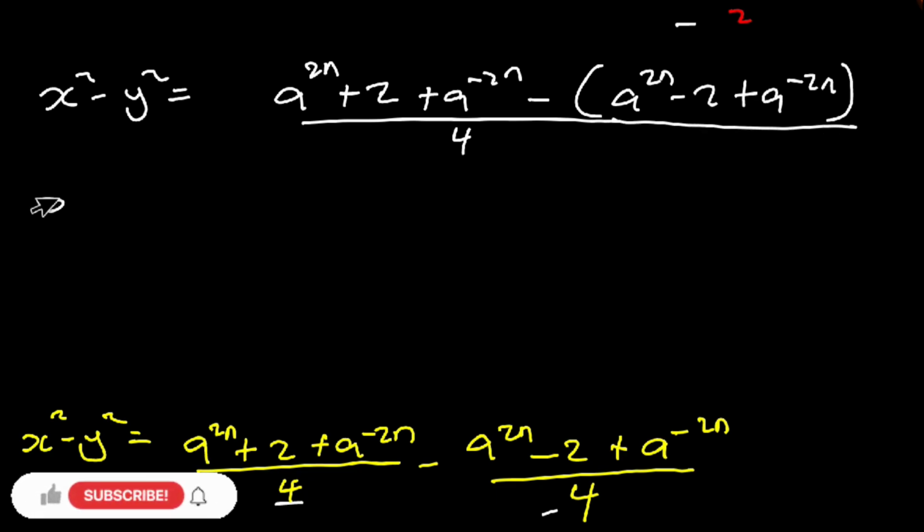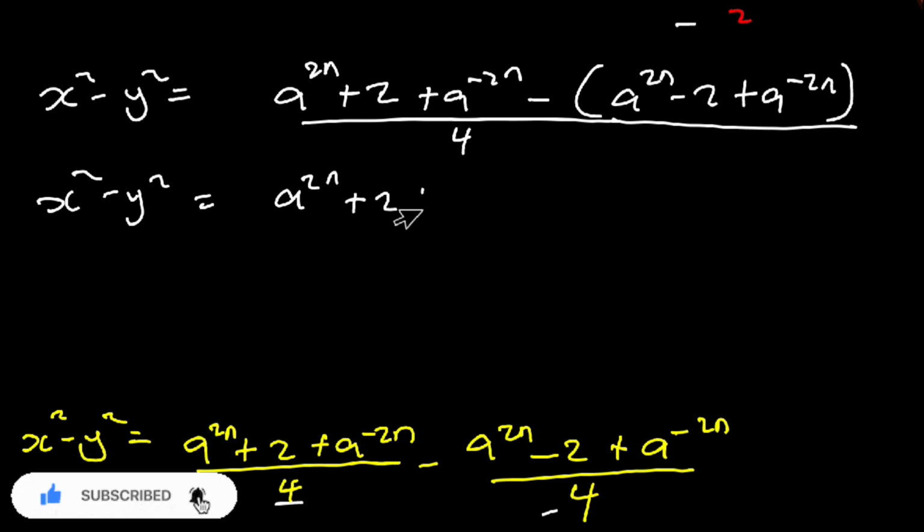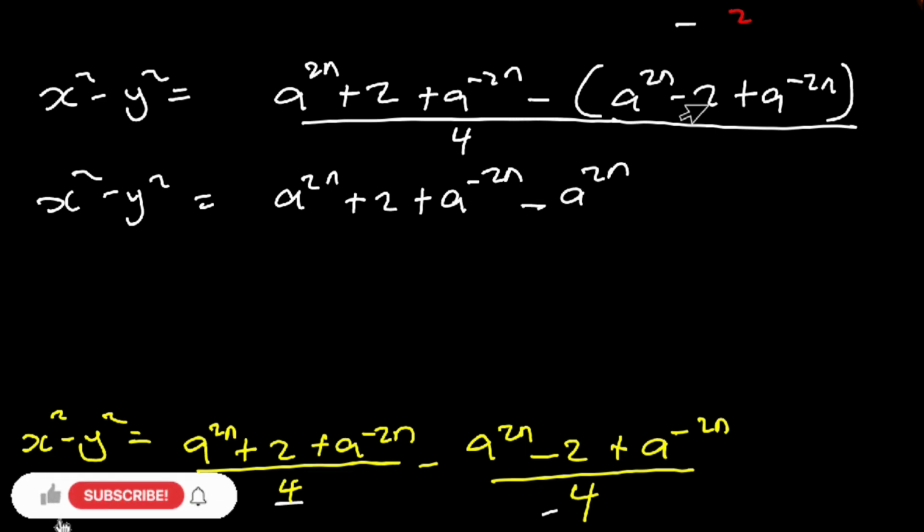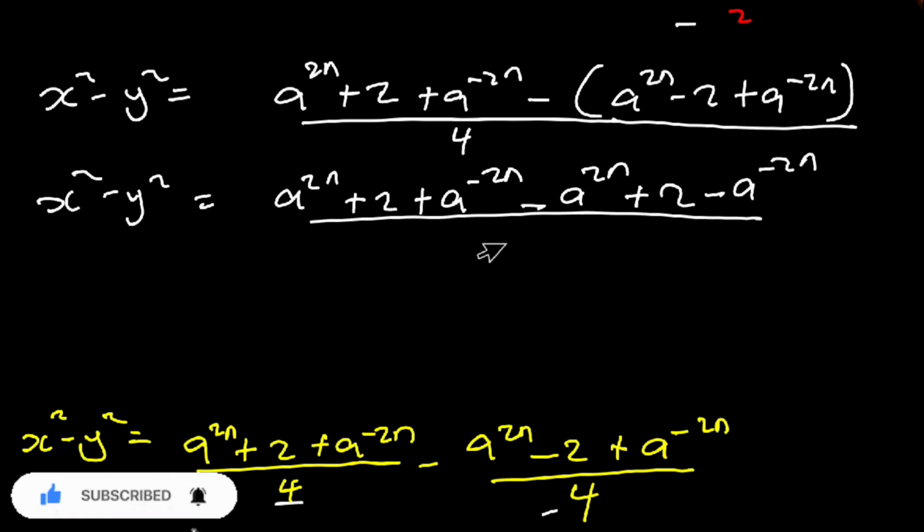So we have that x square minus y square is equal to, we have a raised power 2n then plus 2 plus a raised power negative 2n then minus a raised power 2n, then minus times minus is plus 2, then minus times plus is minus a raised power negative 2n then over 4.